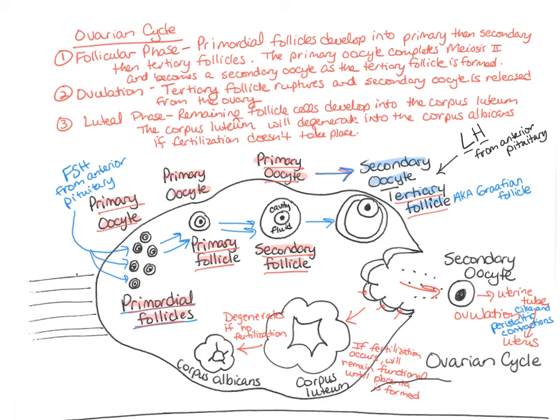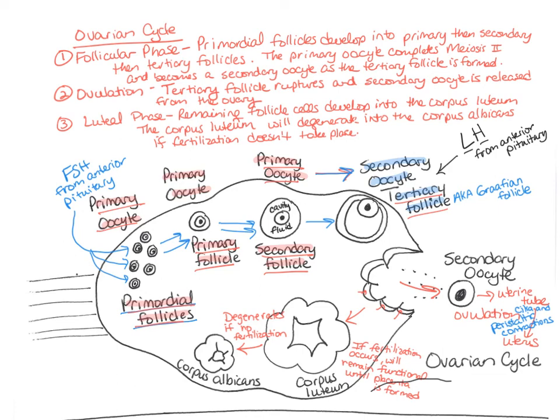A few hours before ovulation occurs, there's some nerves that turn on that beating pattern of the cilia and initiate the peristalsis. Before we end this video, I want to talk to you about two other hormones.